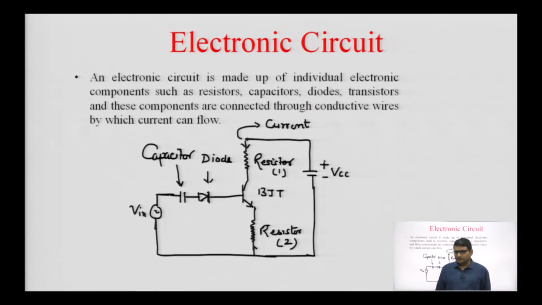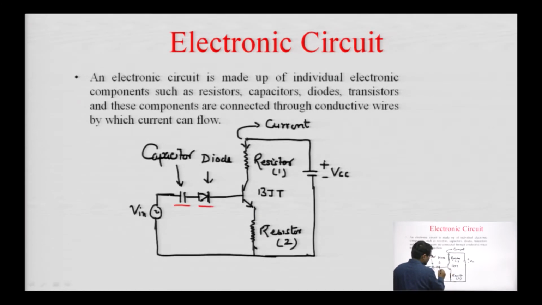Here we take a typical electronic circuit, which contains a capacitor, diode, BJT transistor, a resistor which in circuit we generally call RC, a second resistor which is RE, the emitter resistor, and the power supply.